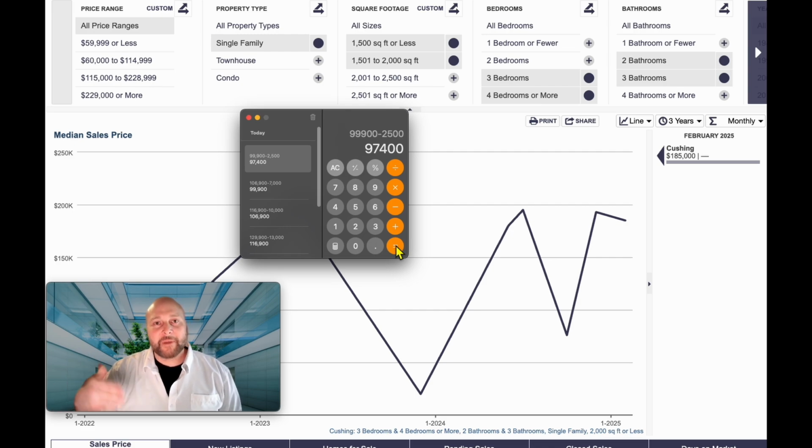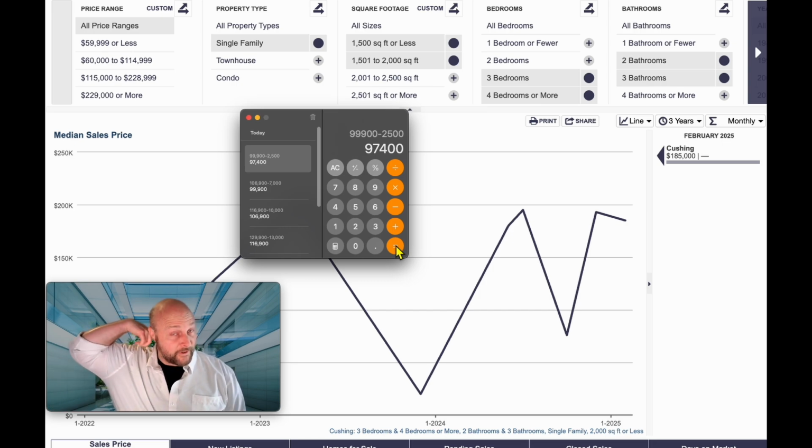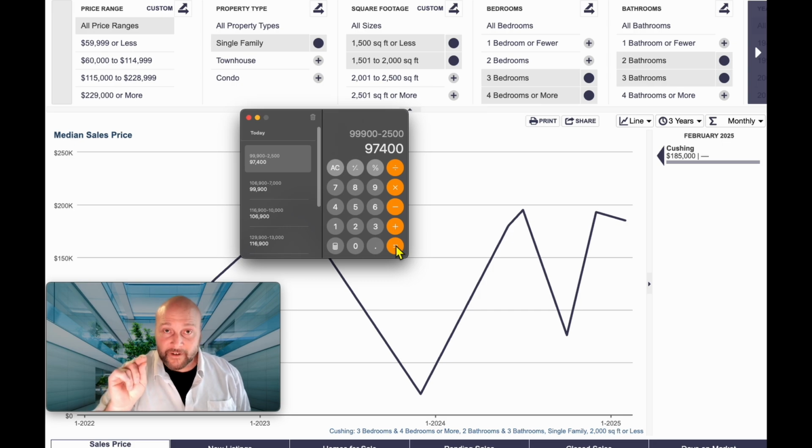The numbers don't work based on this example we've discussed: needing a new roof, new heat and air, new flooring, a smoker house needing new paint, and having $7,000 in wiggle room on seller concessions to the buyer. You've got to get this property for $97,400 for that investor to make money. But here's the very last part of this.